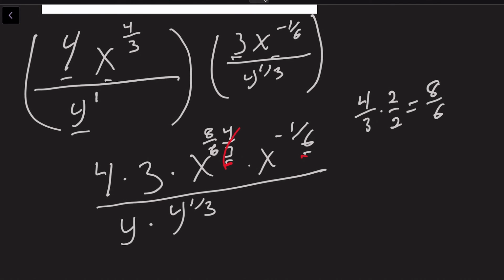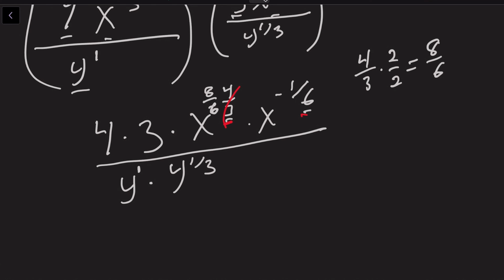Now we have like terms in the exponents on the x's. For y times y to the 1/3, I could do the same thing here and change the denominator on this fraction, which is just 1, but there's really no need because 1 plus 1/3, we know, is 4/3.